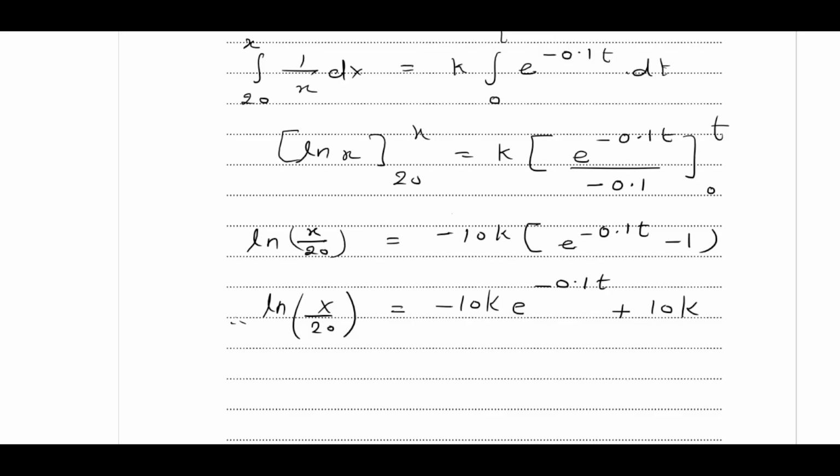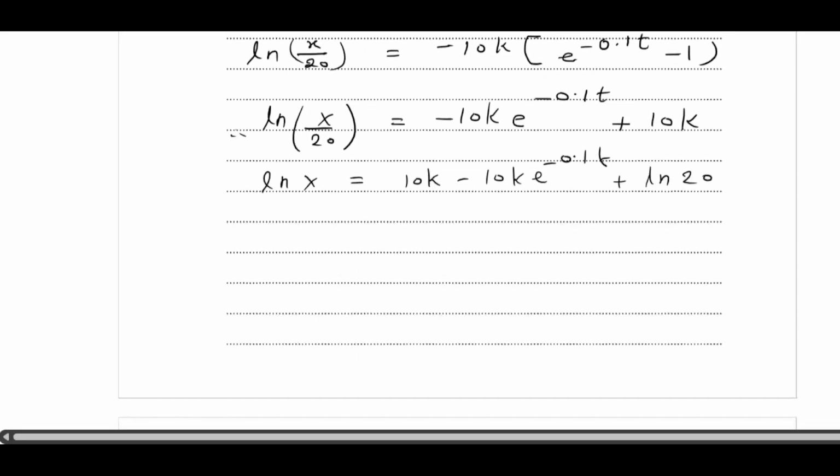If you want to move this divided by 20 to the other side, it can be moved as well, but that is not required. Or you can say this is ln x minus ln 20, so ln x equals 10k minus 10k e raised to minus 0.1 t, and then plus ln 20. Yeah, this is the relation.